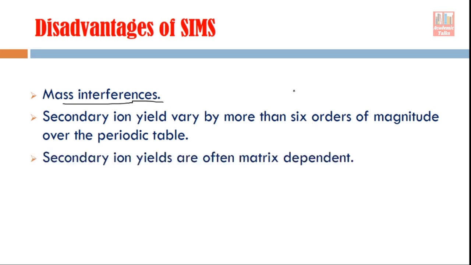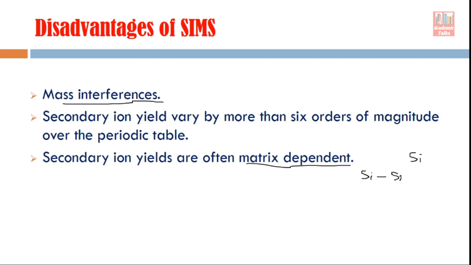Now, secondary ion yields are often matrix dependent. What does it mean? For example, if we want to detect how much silicon is there, or whether silicon is present or not, it all depends on the yield of silicon. For the same beam current, suppose we have a SiO2 sample.